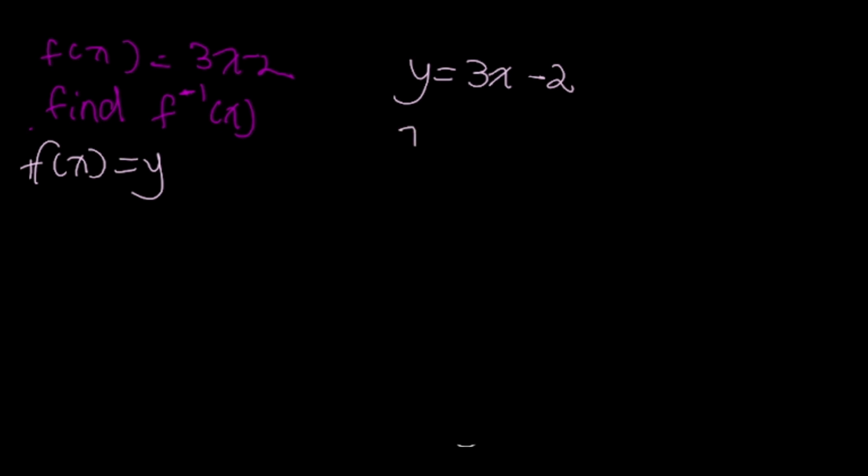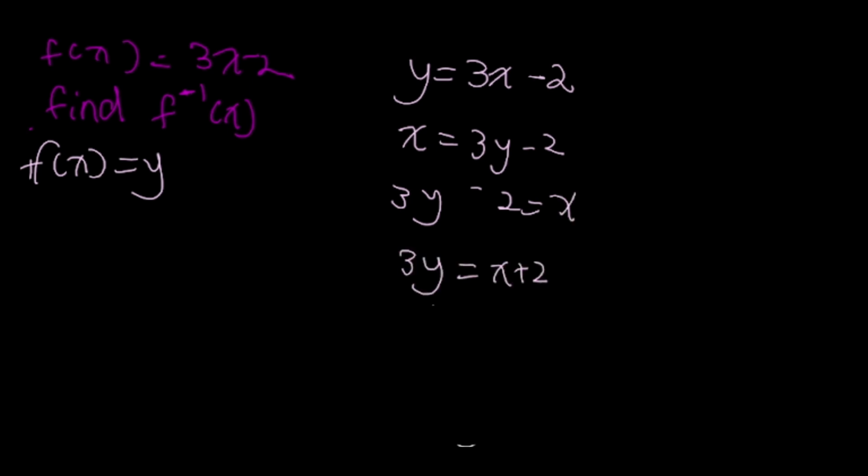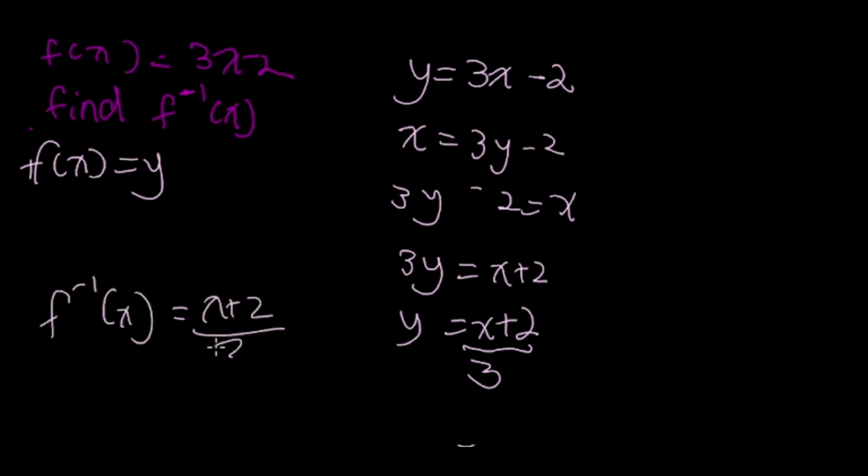Switch the x and the y values, and you get x is equal to 3y minus 2. So 3y is equivalent to x plus 2, and y is equivalent to x plus 2 over 3. Now we can represent our answer as the inverse of x is equivalent to x plus 2 over 3, and that answer is indeed correct, and so is the working.